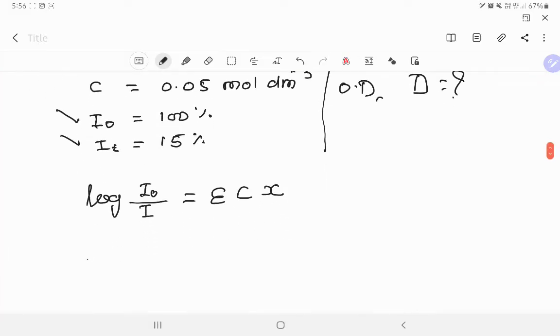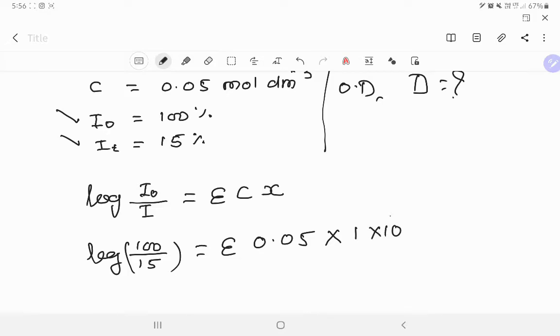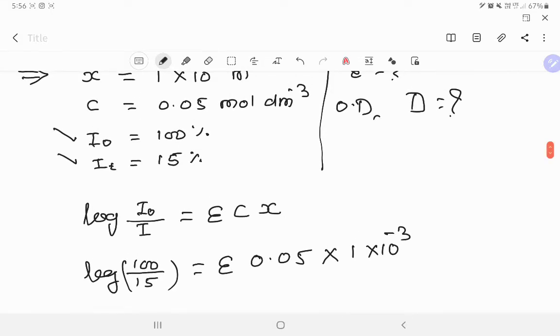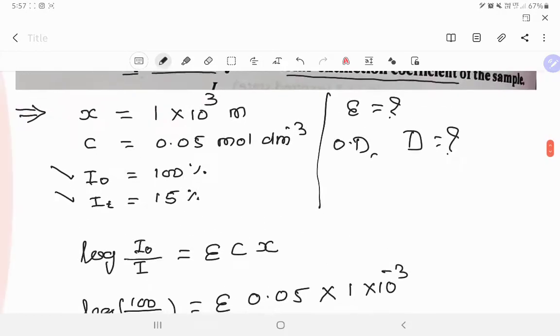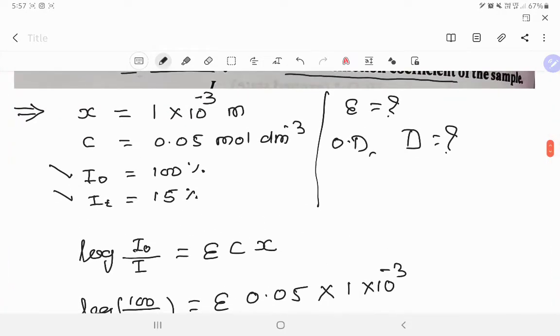Therefore log of I0 is 100, IT is 15 is equal to epsilon, C is given 0.05, into x thickness is given 1 into 10 raised to minus 3. Not 3, minus 3.